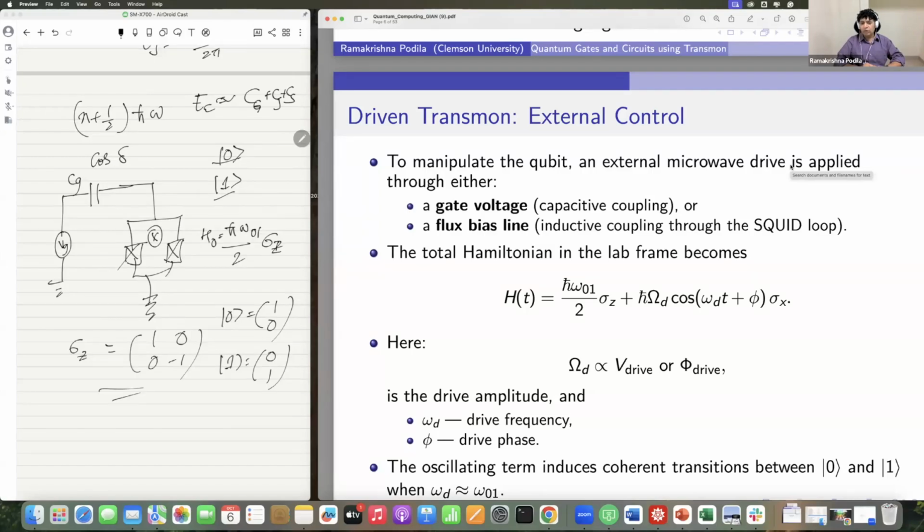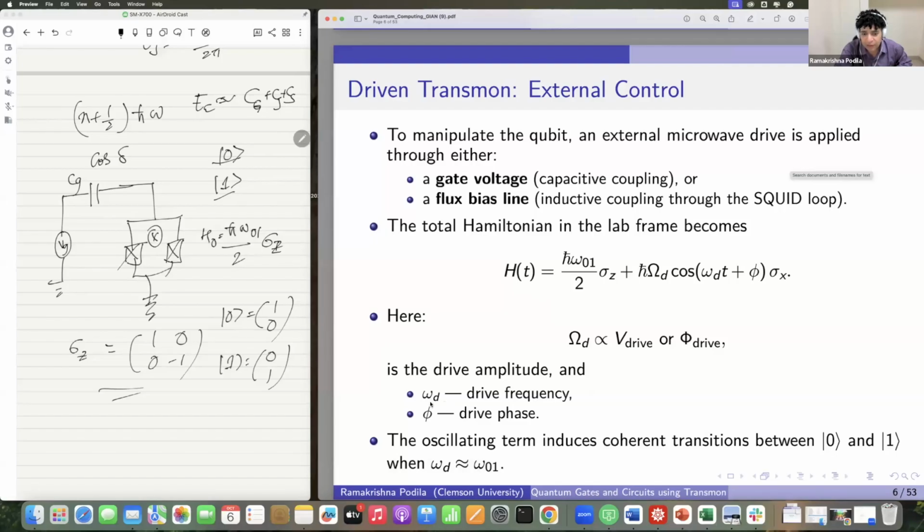You could control the inductive coupling through the SQUID loop or capacitive coupling through a gate voltage. So usually this is applied through a microwave. The microwave has some sort of voltage that drives it, right? That is a V drive. And then you have a drive frequency. We want this drive frequency to match the energy difference between the 0 and 1 levels.